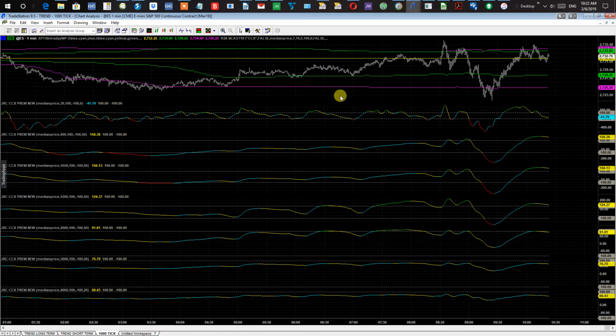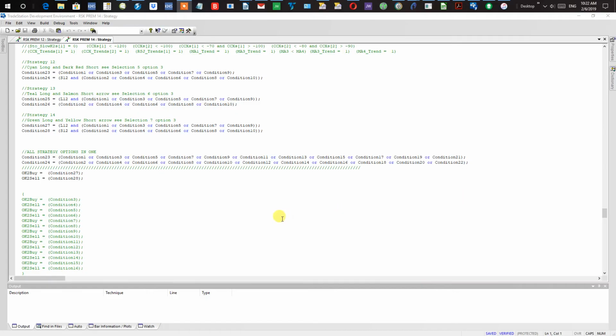And I'm going to show you the strategy right now. This is the open source code on the strategy. And this particular condition, 27 or 28, 27 is for a long, 28 is for a short, tells us that the primary condition that we want to make sure we have is the condition known as S12.